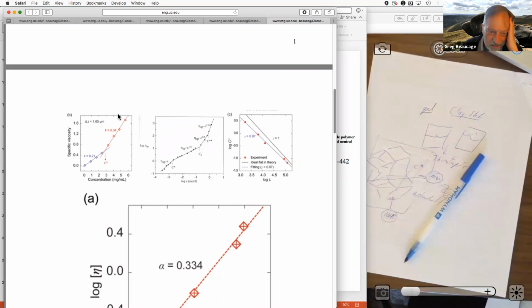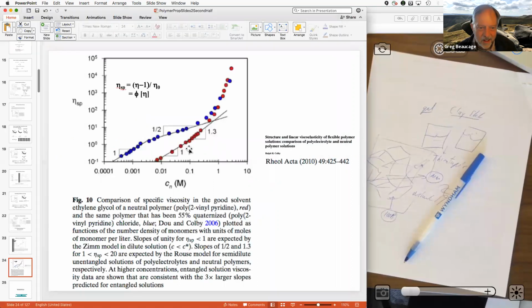There is an overlap concentration. It looks a lot like the overlap for uncharged polymers, right? The overlap and the entanglement link up in that case, almost. They don't exactly link up, but so basically, only a theoretician or a physicist would seek out this 1.3 power.